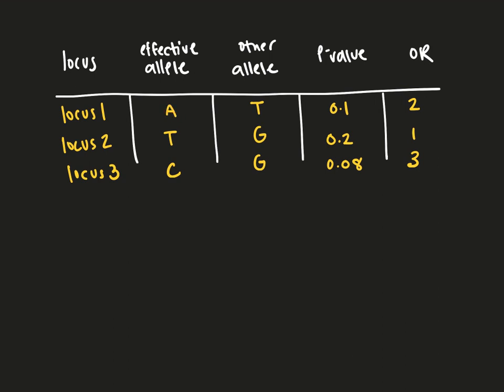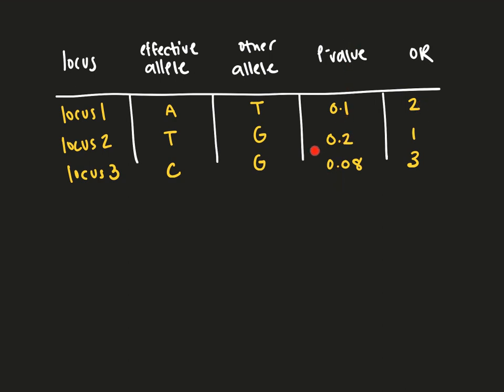Let's say risk of heart disease in humans, just to keep things straight. So I have the effective allele, that is which allele is associated with an increased risk in our population, whatever the other allele was that I found in the population, some p-value, and an odds ratio. You might want to go back a couple weeks to the video where we talked about odds ratio to remind yourself that this is a measure of the strength of the association.